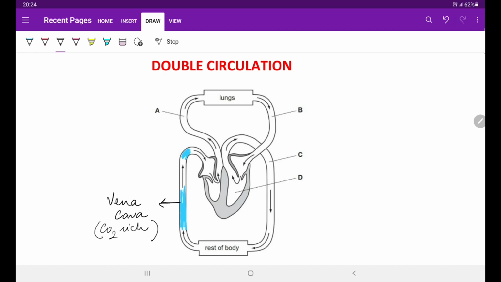Both of them carry carbon dioxide rich blood, which is also called deoxygenated blood, from the different body parts to the heart and empty their content into the right atrium. So, the right atrium now is filled with carbon dioxide rich blood.